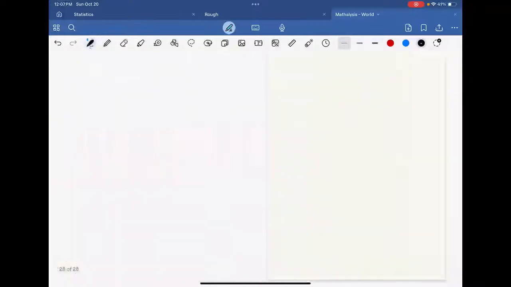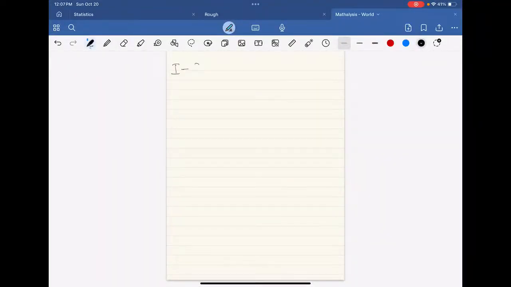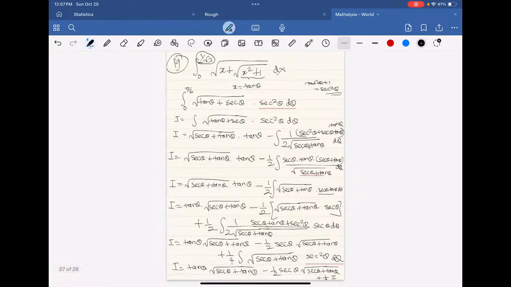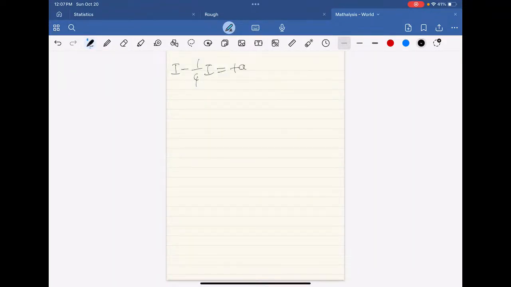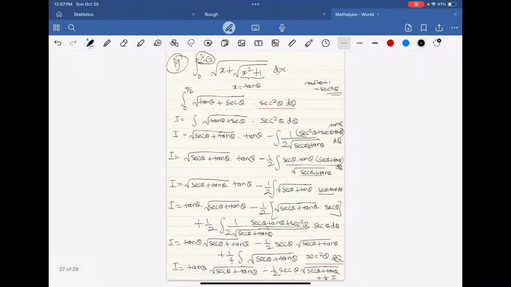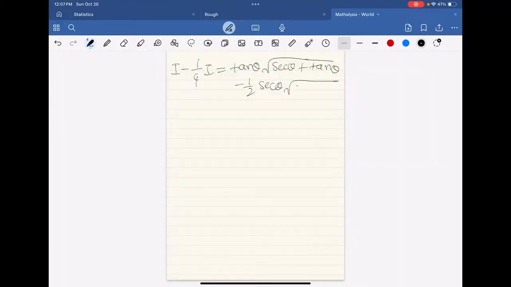So now we have I minus 1 by 4 times I is equal to tan theta square root of sec theta plus tan theta minus half of sec theta times square root of sec theta plus tan theta, right?